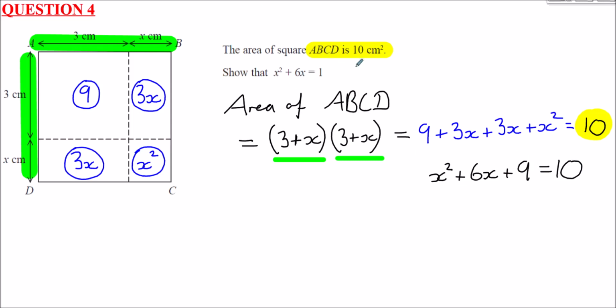How can we get rid of 9? Well, we could subtract 9 from both sides to clear it away. So minus 9 there, and minus 9 there, gives us, therefore, x squared plus 6x will equal 10 minus 9, which of course is 1, which is what we wanted to prove all along. So that's question 4 nicely wrapped up.